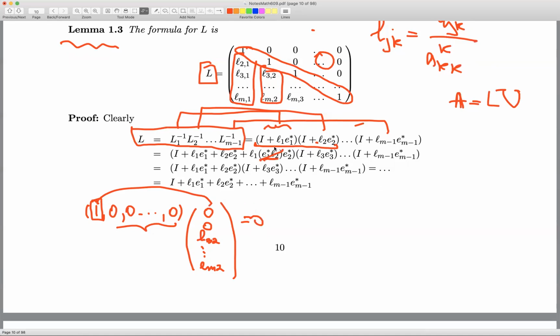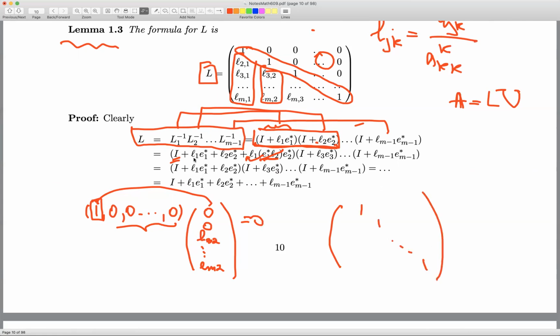The fact that this product is the number 0 will make the whole matrix 0. Therefore, the product of the first two matrices right here is the matrix I plus L1 E1 star plus L2 E2 star. Let me remind you what this means.